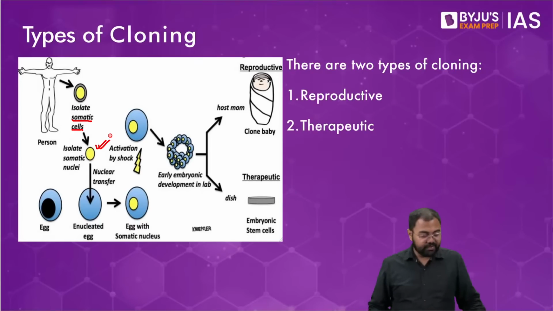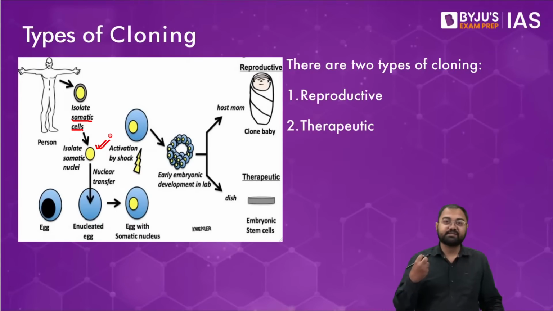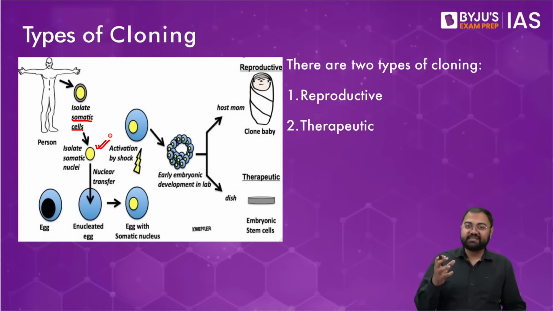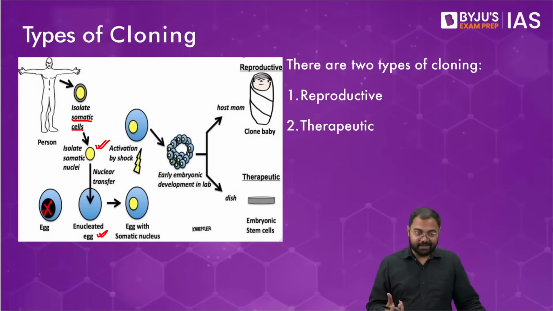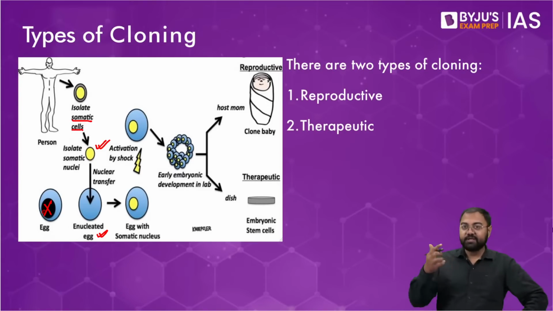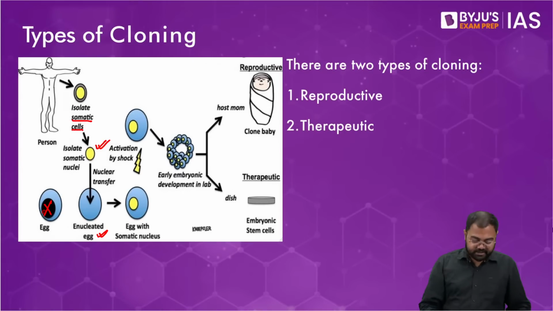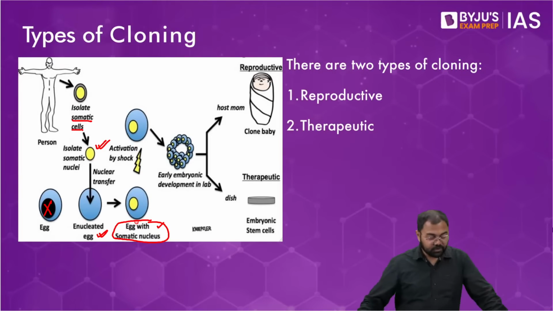All right, we'll isolate the somatic nucleus, and once this somatic nucleus has been isolated, this will be inserted inside an enucleated egg, where you have basically removed the nucleus from the egg cell. And after removing the nucleus of the egg cell, we are inserting this somatic nucleus. So now you will have the egg cell with somatic nucleus.